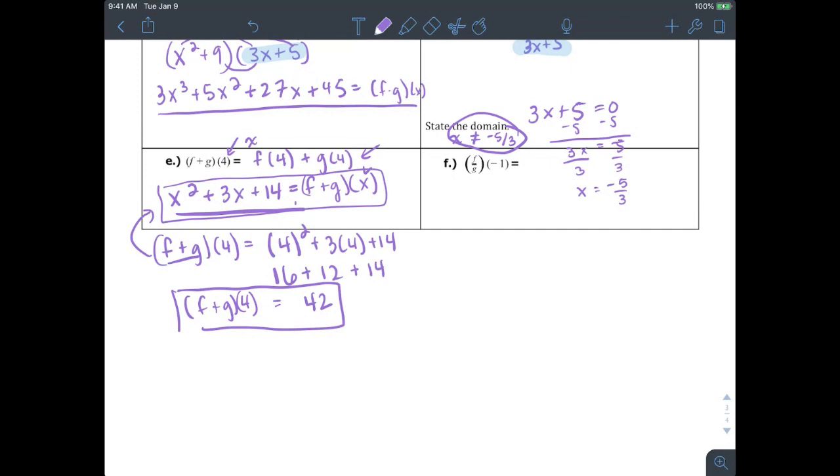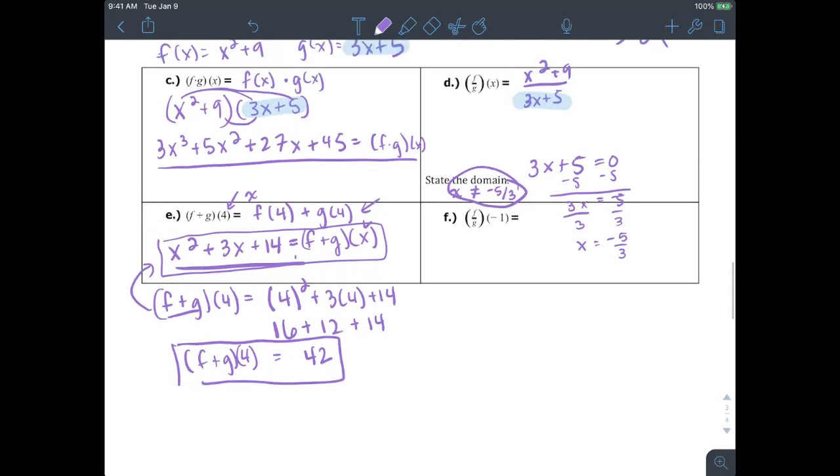All right, we're going to do f over g of negative 1. So I'm going to take my f over g. f over g of x is equal to x squared plus 9 over 3x plus 5. And now what I'm saying is I want to plug in negative 1.